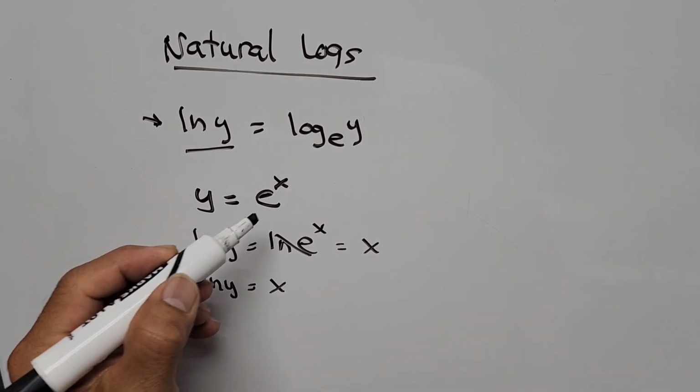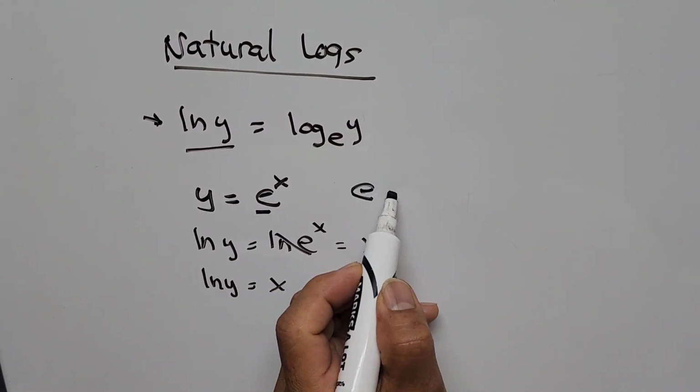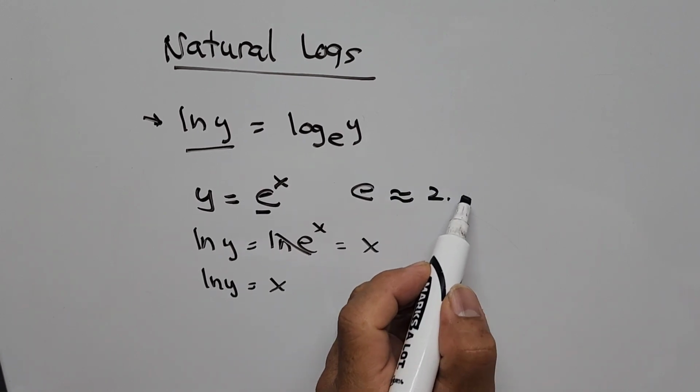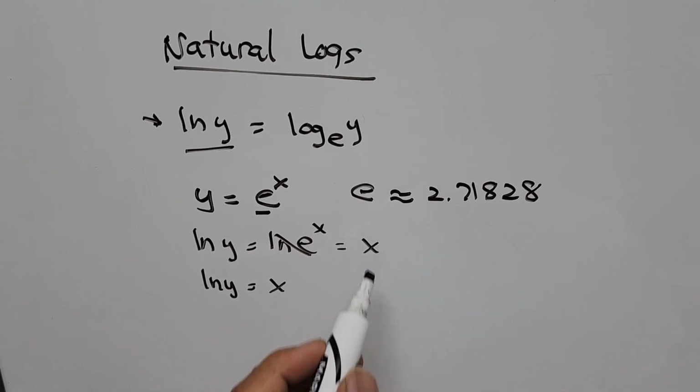And here the base e is Euler's number. That is approximately equal to 2.71828. Almost all calculations of natural log use a calculator except when ln of e is used.